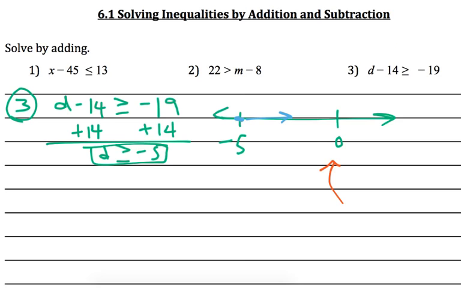Now, sometimes comparing negatives makes it more confusing. So let's try a very large number, like 1 million, because 1 million would be way over there. If I plug 1 million in, taking away 14 from 1 million does not make that big of a difference. So we're going to be extremely positive there, and that's definitely greater than a negative number.